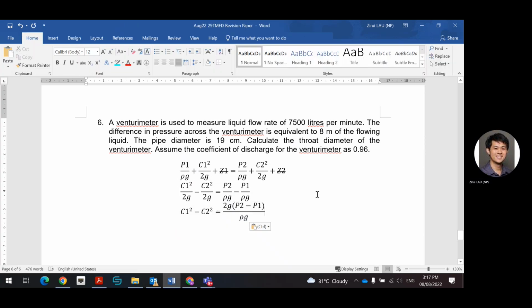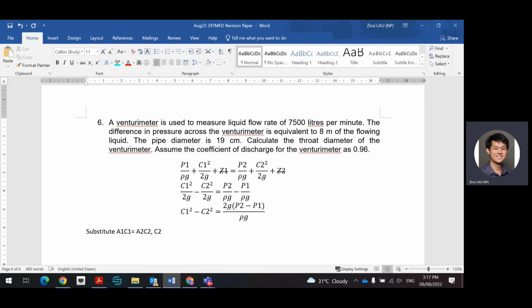From here, I will need to substitute our continuity equation, which is A1 C1 is equal to A2 C2. Based on here, I will sub away my C2.